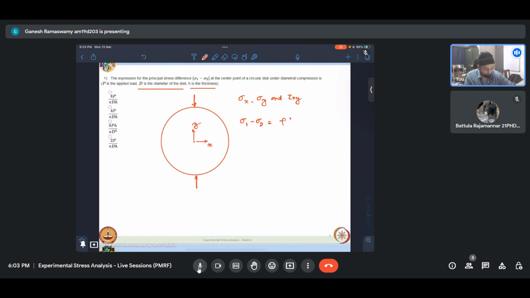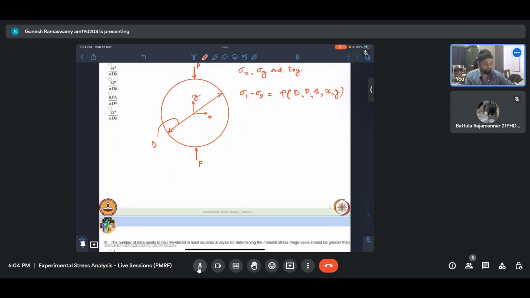This is a function of D, which is the diameter of the disk, P, the load applied, and H, the thickness, and then our coordinates x and y. So it will be a function of all these parameters.